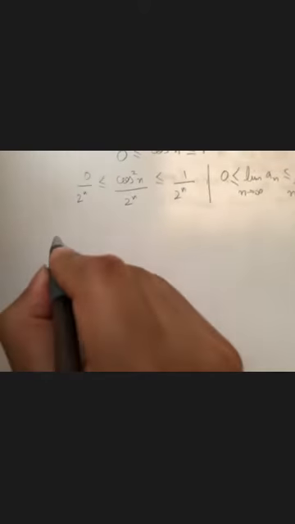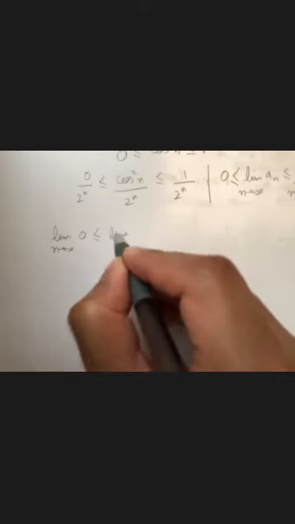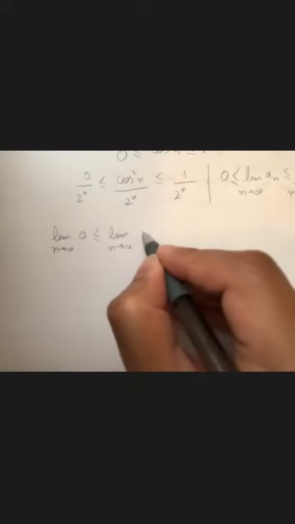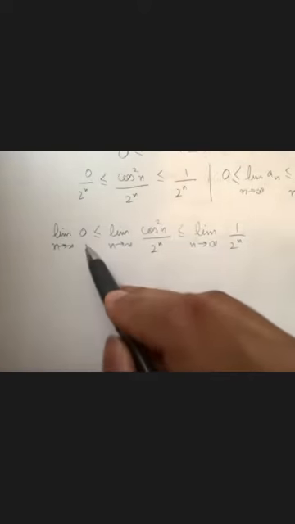Or to write it more clearly, this side is 0 because there is no n, it's already 0.